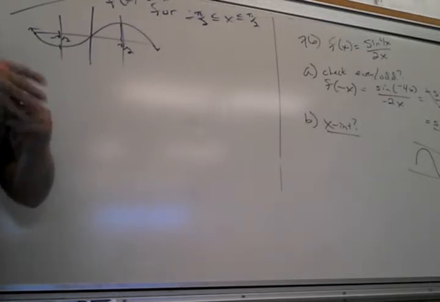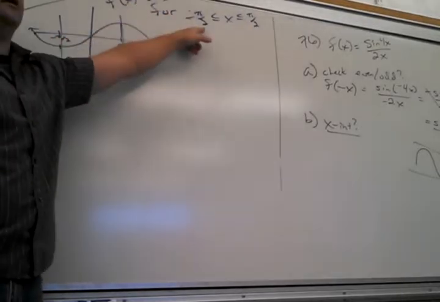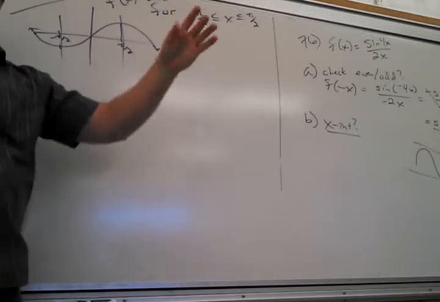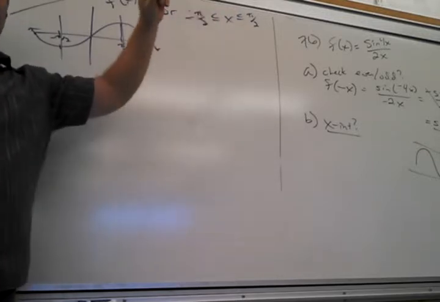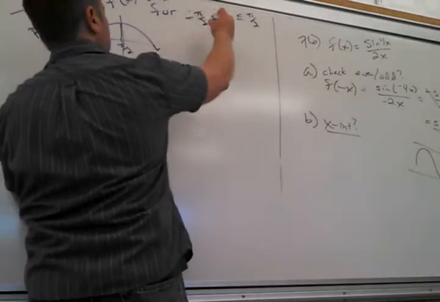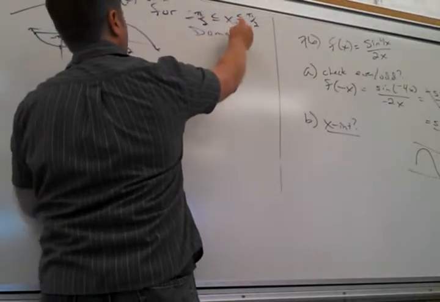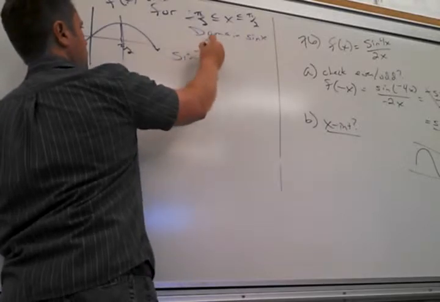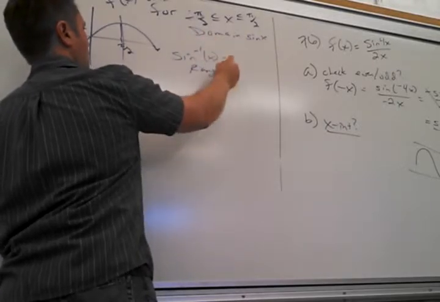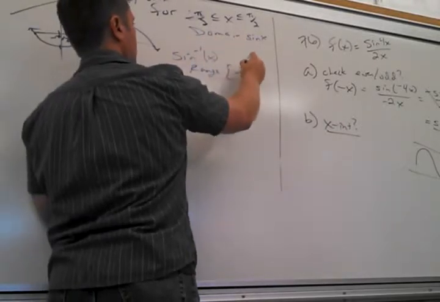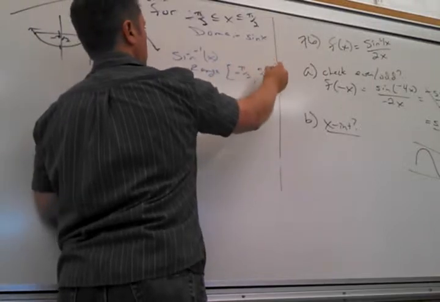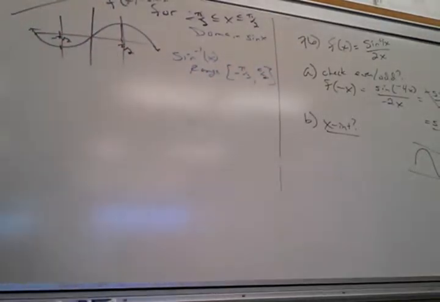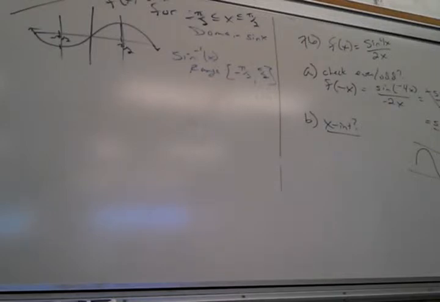Flip. So if the domain of sine has to be cut to this, the range of inverse sine will be there. So the inverse sine will have a range of negative pi over 2 to pi over 2. That's the consequence of forcing this to have an inverse.